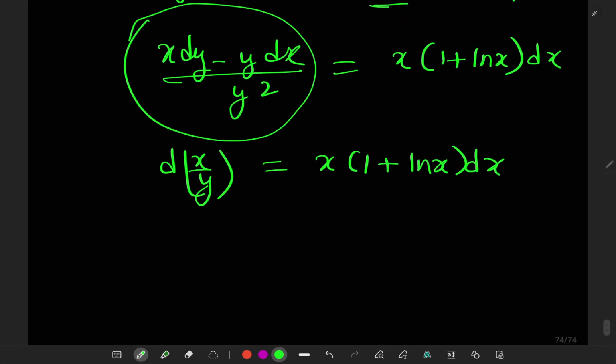For the solution of the differential equation, now integrate both sides, we get, now integrating this.